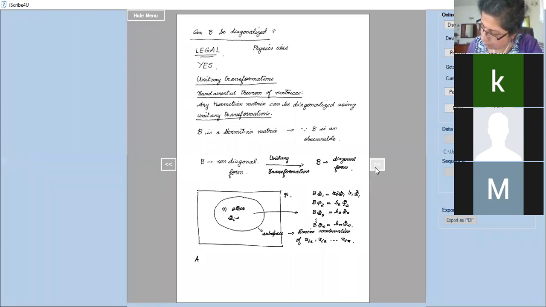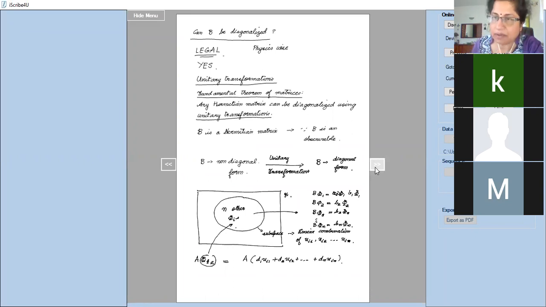If you operate A on, say, one of these phi i's, let's take a particular number. Let's take phi 2. We know that this phi 2 belongs to this subspace, which means we should be able to write this phi 2 as d1 ui1 plus d2 ui2 plus some dn uin.